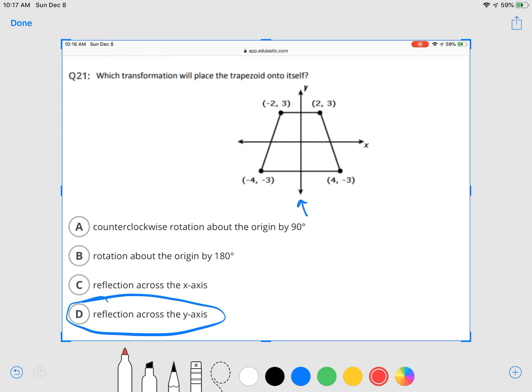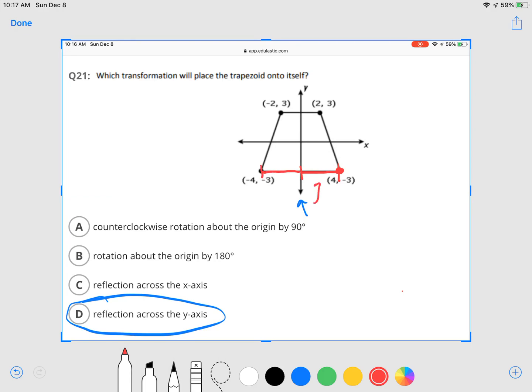Sometimes you don't want to think of reflecting the entire object because maybe it's a little bit confusing. So you can always just go to the individual points of the object. So we can go to this bottom right corner. If you reflected that over this line, the y-axis, then you have to see how far away it is perpendicularly. Okay, and then you can see that this distance is the same.